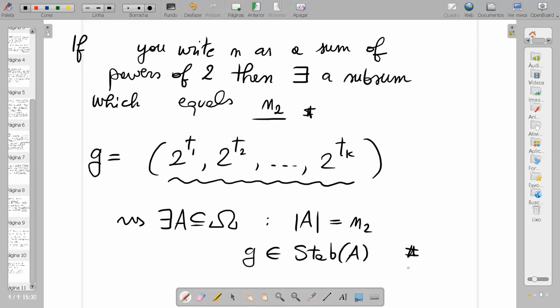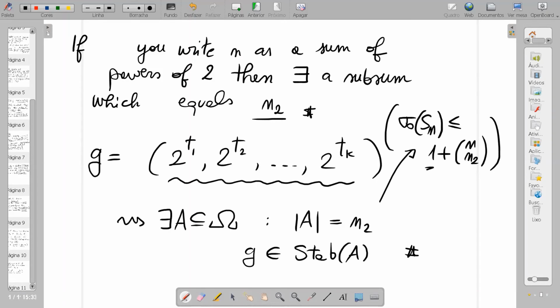And what will be this set? A will be the union of all the supports of the cycles whose sum is n/2. So essentially this proves that sigma 0 of S_n is at most 1 plus n choose n/2, because you use the alternating group and the stabilizers of sets of size n/2.